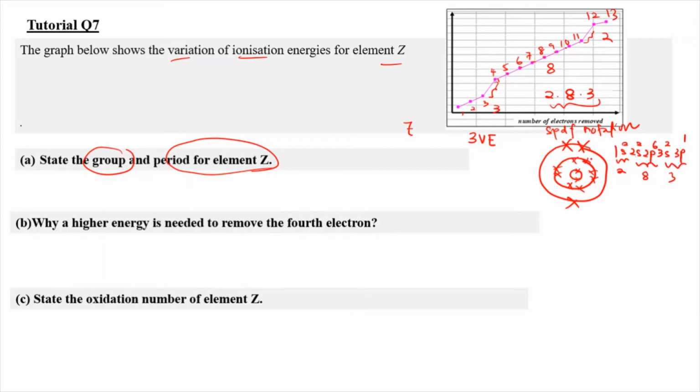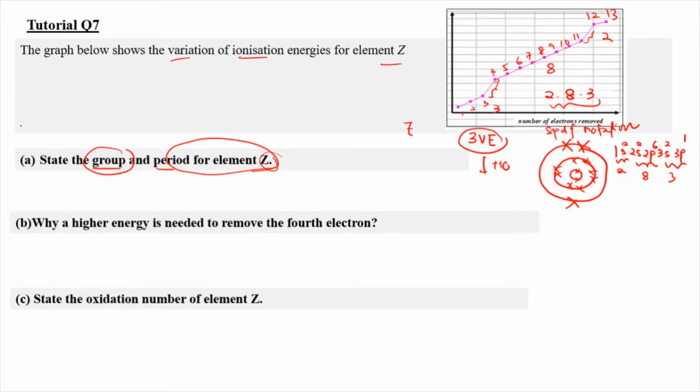The diagram here is just for visualization. For this part, we need to state the group and the period for element Z. For the group, we know that it has 3 valence electrons, and we add 10 because ionization energy at matriculation level can only happen for the s block and p block.